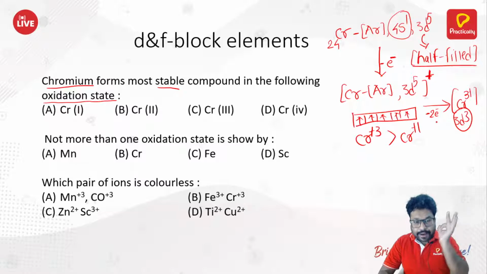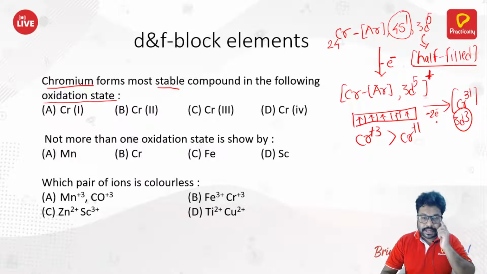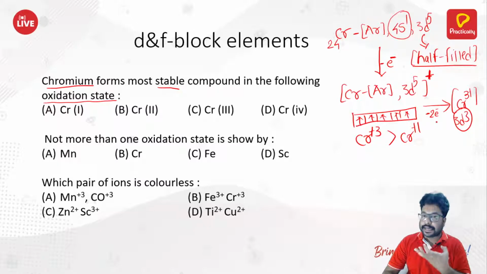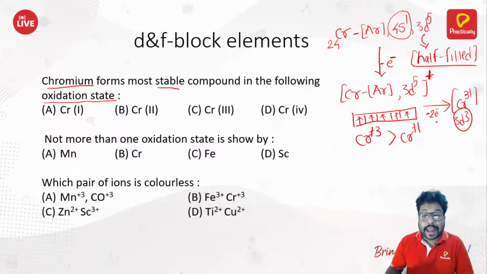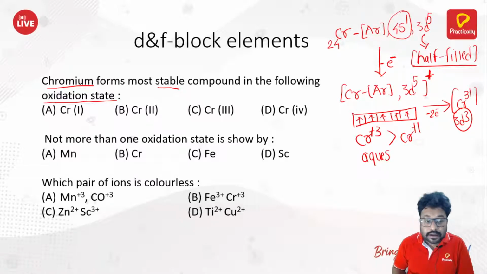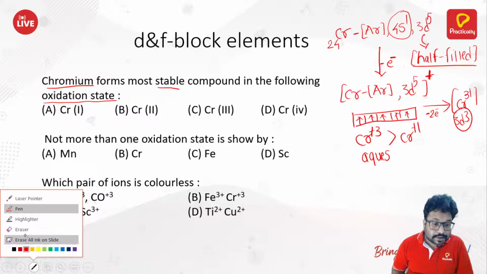Half fills will have extra stability, but see, between plus 3 and plus 1, whenever you are talking about these oxidation states, plus 1, plus 3, or whatever oxidation state we are referring to, these oxidation states exist in an aqueous solution. Okay.